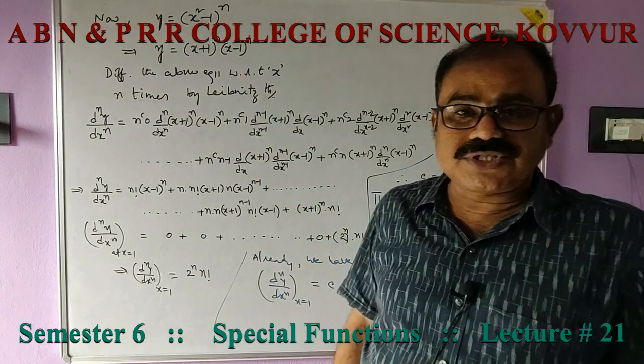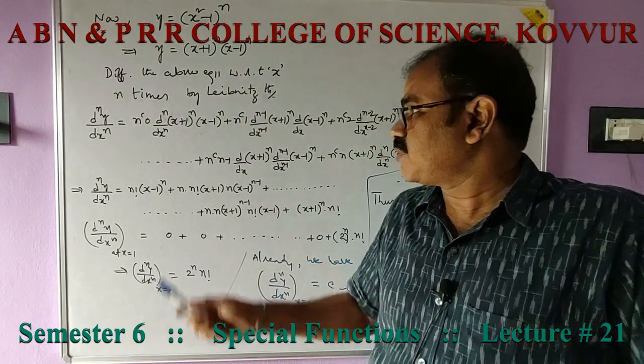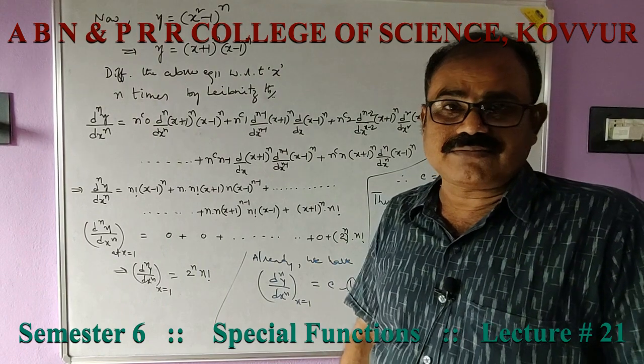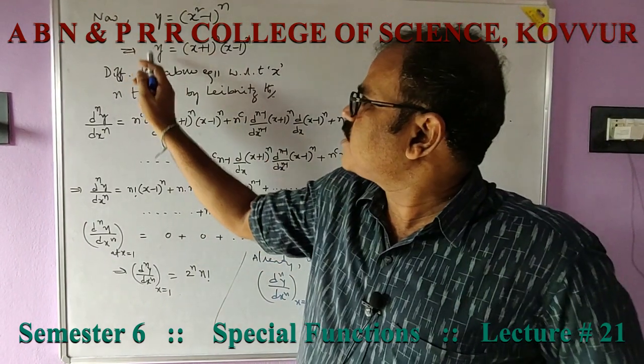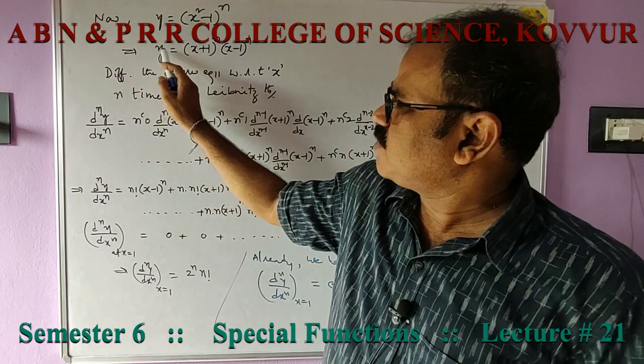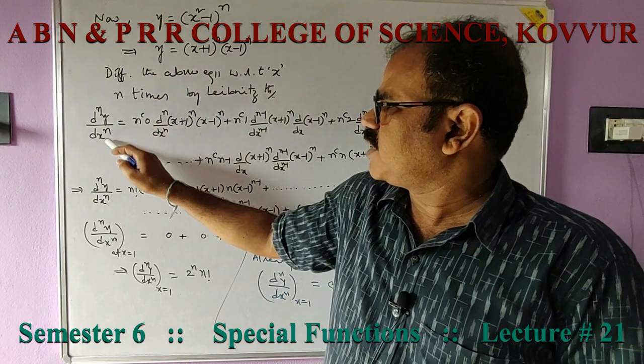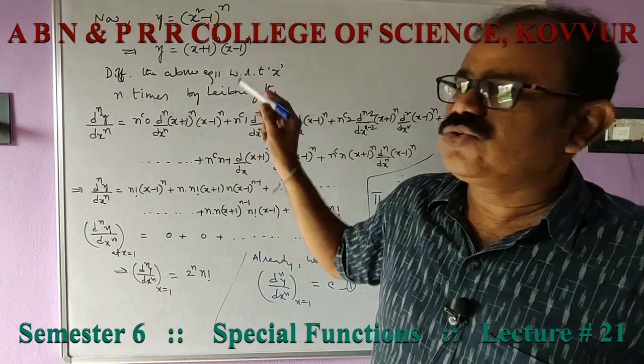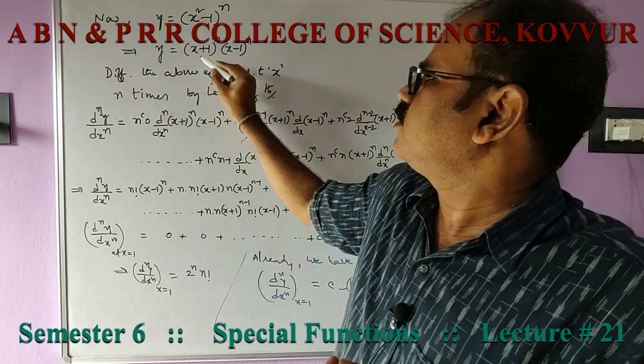Differentiate the above equation with respect to x n times by using Leibniz theorem. So, on the left hand side what you have? The nth derivative of y, d^n y by dx^n. Here you have two functions, u and v.